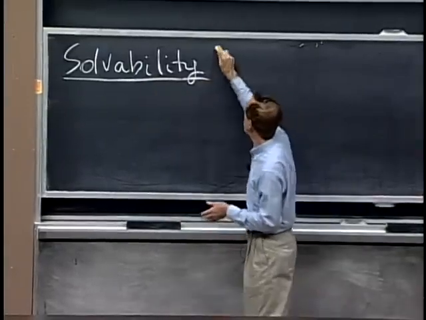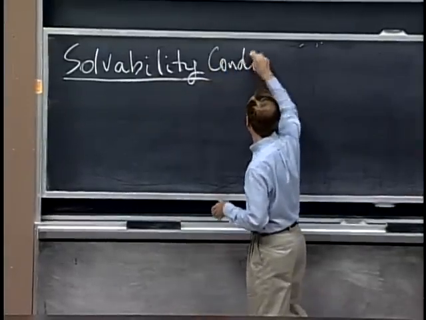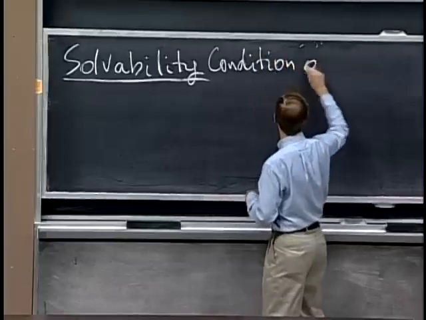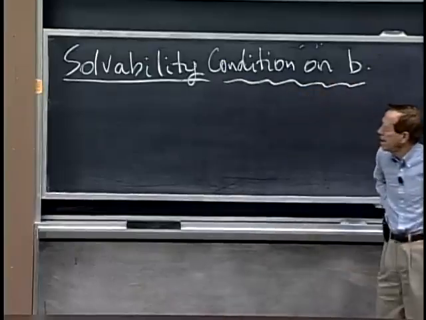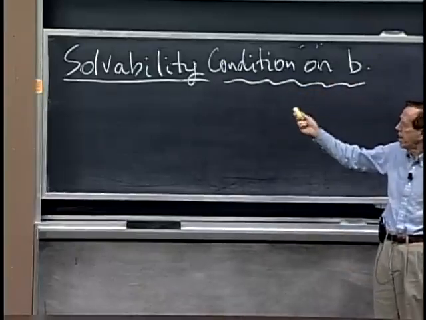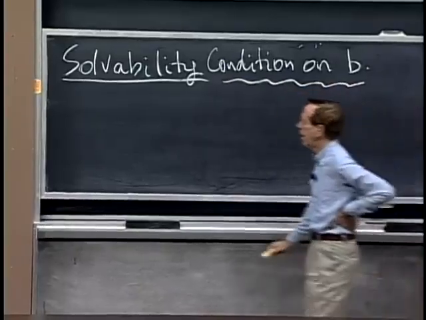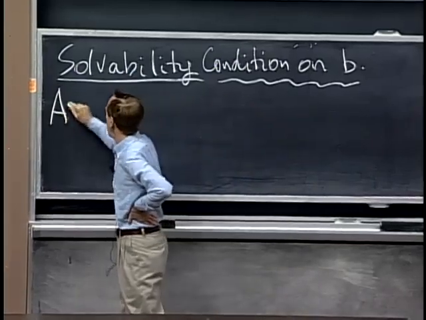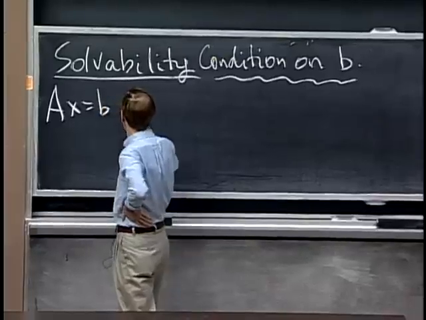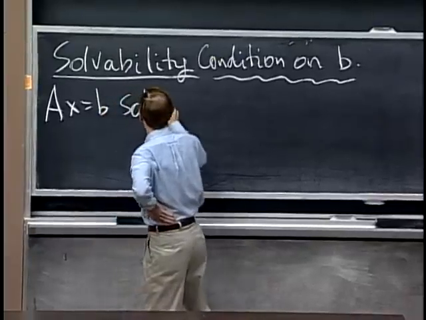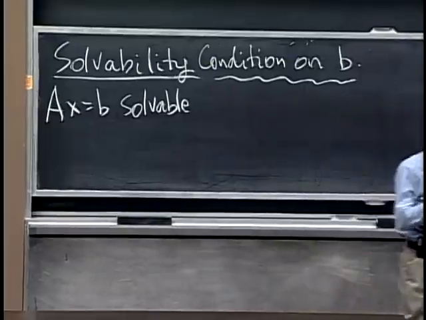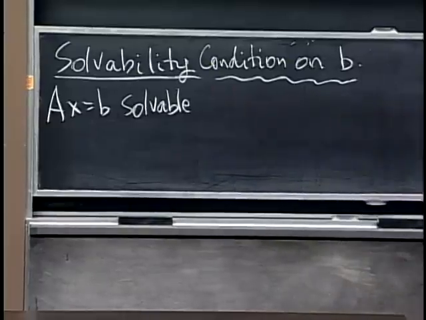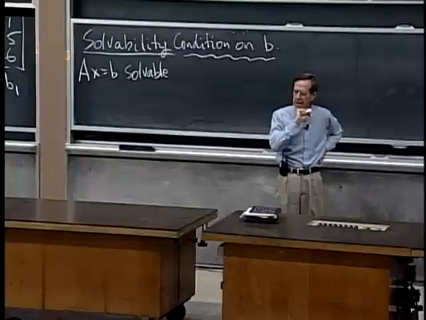So this is the condition on the right-hand side. And what is that condition? This is solvability always of Ax = b. So Ax = b is solvable. Well, actually, we had an answer in the language of the column space. Can you remind me what that answer is?